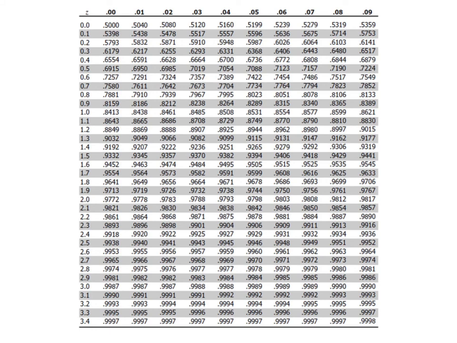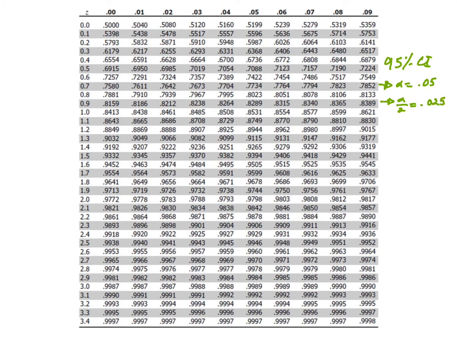So suppose this is my Z table, and suppose I'm looking at the 95% confidence interval. I'm not going to walk you through the steps again, but at this point, you should know that alpha is 0.05, and so alpha over 2 is 0.025.